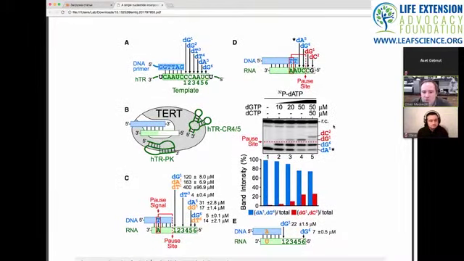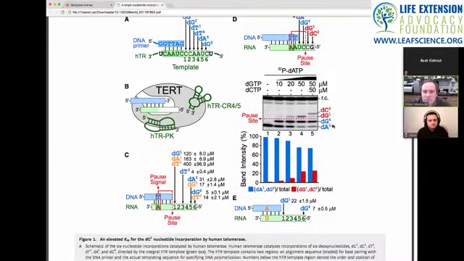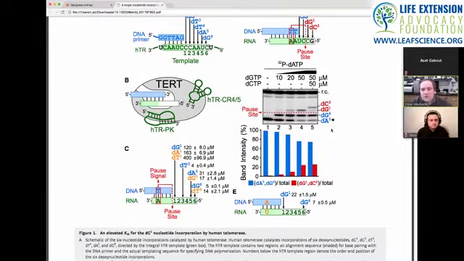So they were able to do a number of assays here. They were able to show that you can essentially overcome this pause by increasing the concentrations of the first nucleotide incorporated. In this case, this was deoxy-GTP. These templates were radio-labeled, so P32 dATP, so you can see them on a gel. This is a loading control up here. And you can see that these are the numbers G1, G2, this is G6, so this is A5, that's the radio-labeled one.